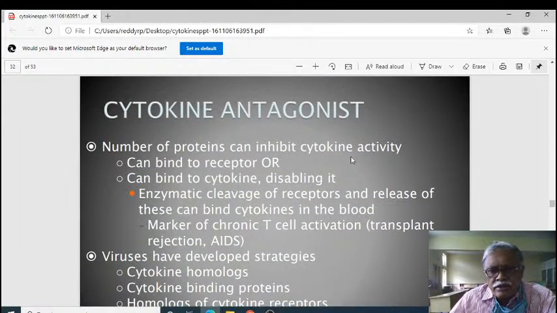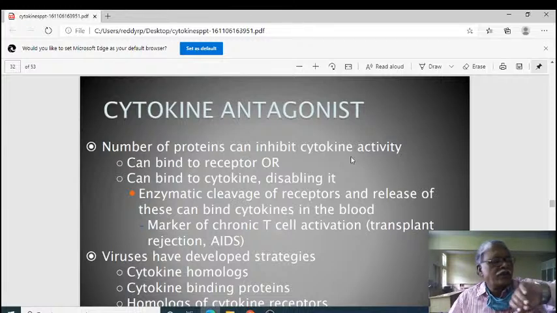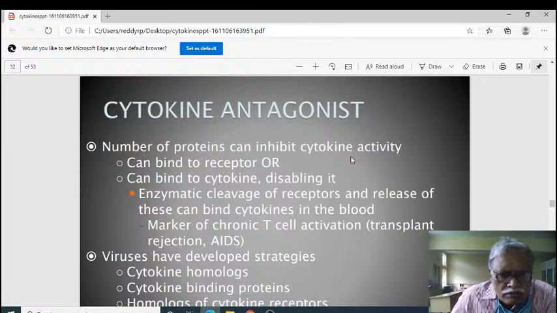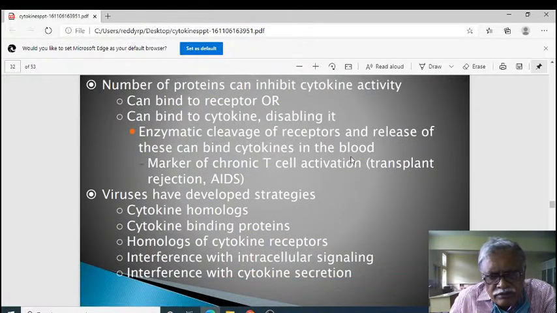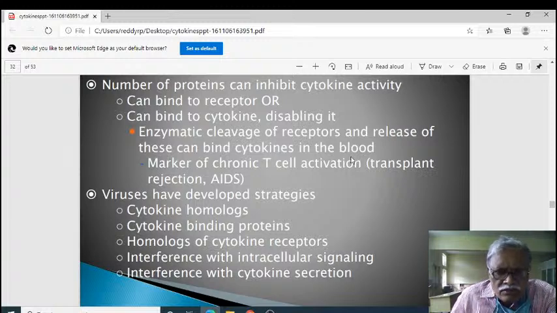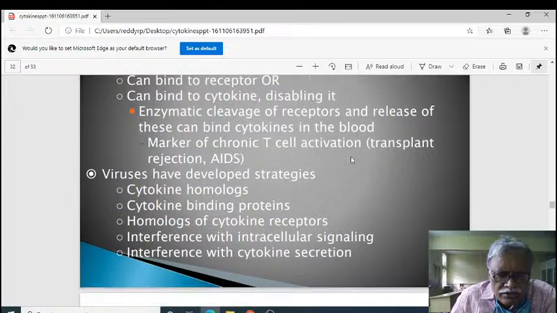Cytokine antagonists are also present. A number of proteins can inhibit cytokine activity. They can bind to the receptor or bind to the cytokine, disabling it. Enzymatic cleavage of receptors releases soluble forms that can bind cytokines in the blood, and these are markers of chronic T cell activation and transplant rejection.